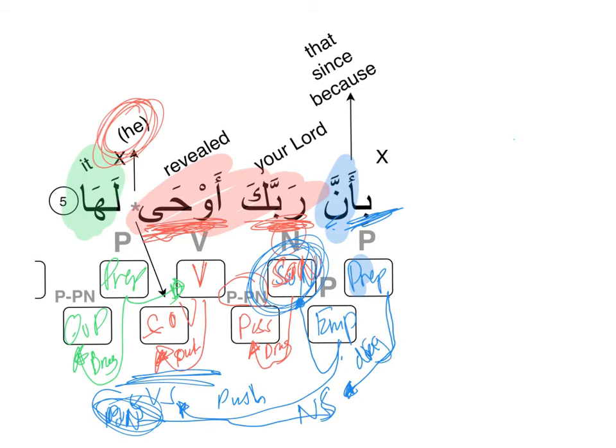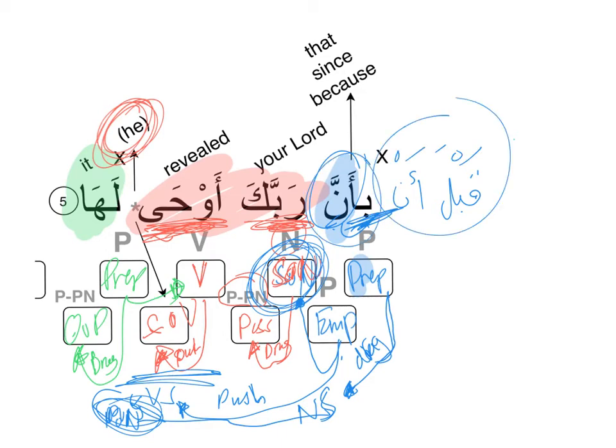Now I'm going to talk more about this in Zoom when we talk about the an-naas structure that comes before a preposition. So this will be clearer when we talk more about it in Zoom, and also I'll talk about an qabla an, which is similar to this bi anna.